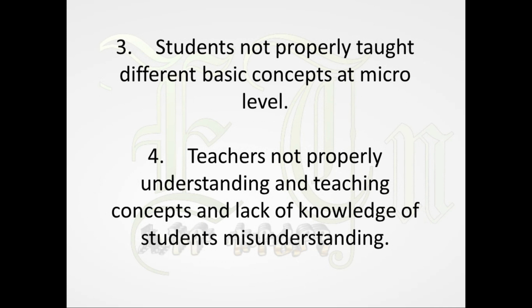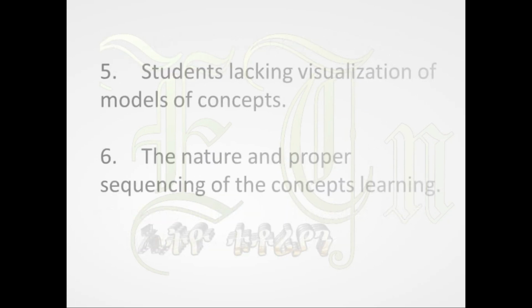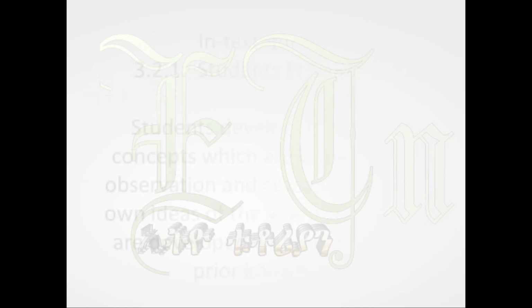Students not properly taught different basic concepts at micro level. 4. Teachers not properly understanding and teaching concepts, and lack of knowledge of students' misunderstanding. 5. Students lacking visualization of models of concepts. 6. The nature and proper sequencing of the concepts learning.